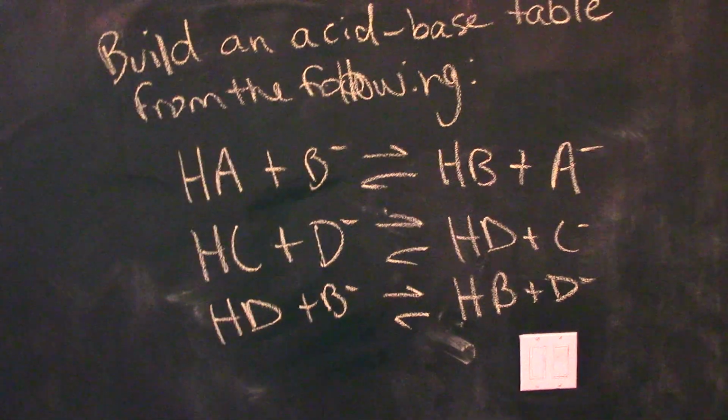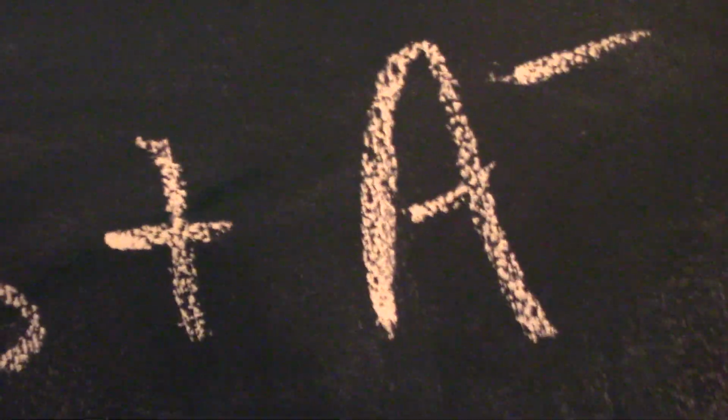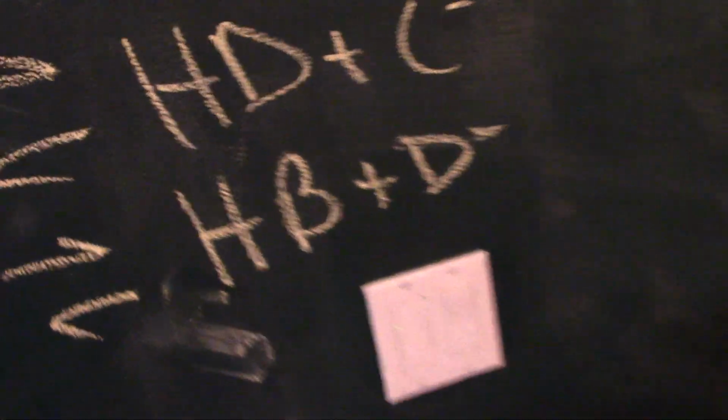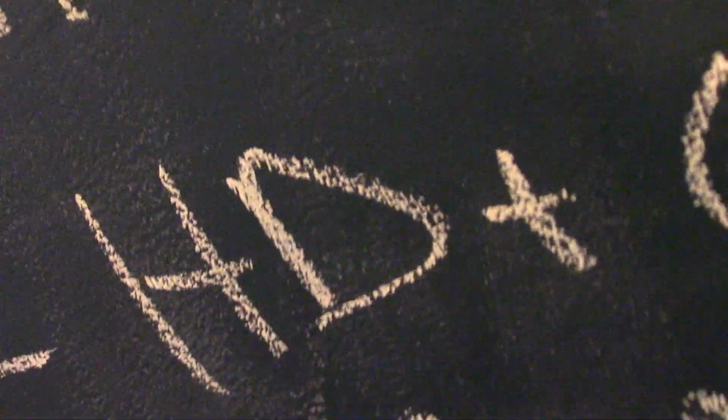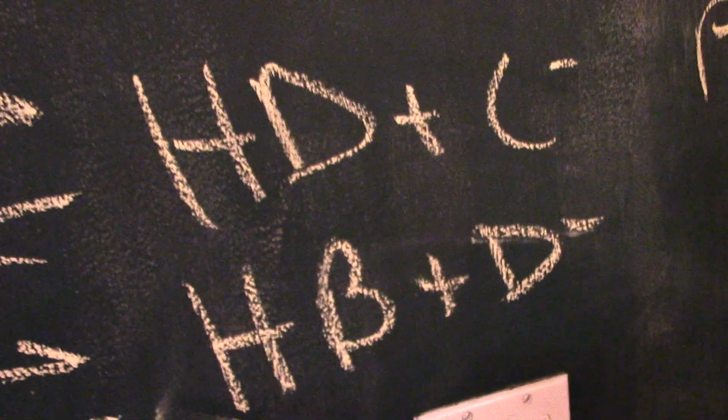Okay, now when we look at the reaction here, this says reactants are favored. And then we have products favored. And then products favored.